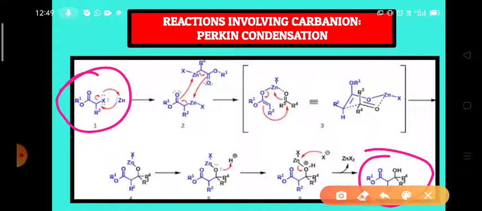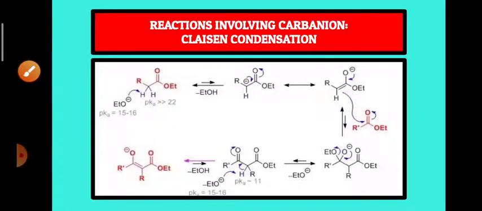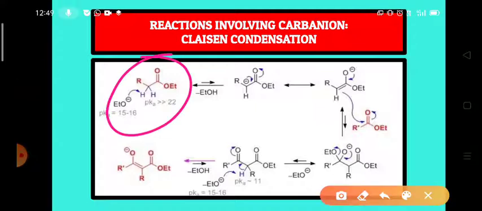And we go for the fourth reaction, that is the Claisen condensation. In Claisen condensation, what happens? Claisen condensation is nothing but condensation of the esters. So two ester molecules condense to give the condensed product. Here this condensation is carried out in the presence of the alkoxide ions, this ethoxide.